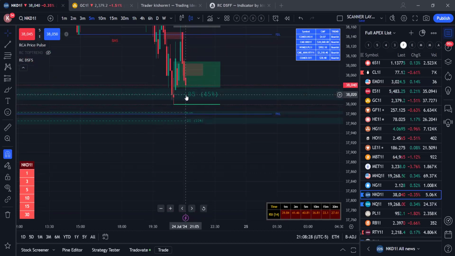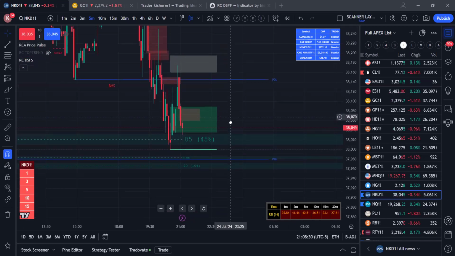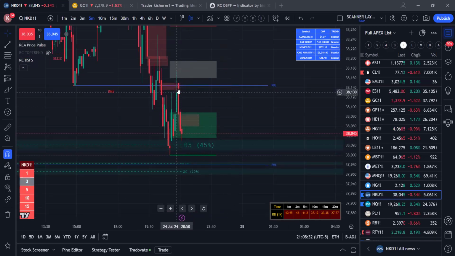So price may touch this and then start going up. We have to wait for a green candle. If it touches this and then we get a green candle, there is a possibility it may do a double bottom and then start going up. We can take a long position. But we have to wait for the trend reversal. Only when it touches this and then starts moving up, we can enter.